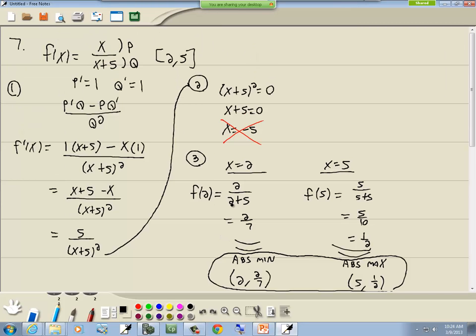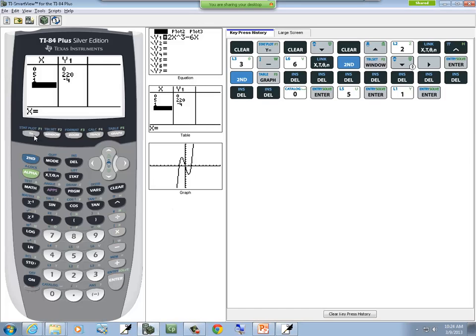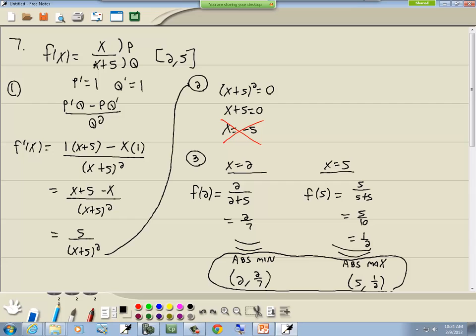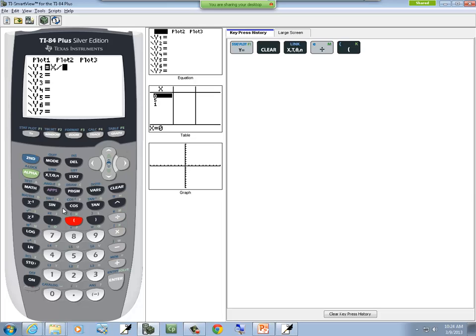Now some of these you can look at and kind of see what they're referring to. If I look at x over x plus 5 and graph it, so I go to y equals, clear. I'll do my x key divided by, and I had to put parentheses around the bottom part because we have more than a single term down there. So put a beginning parentheses, x plus 5, closing parentheses, and then graph.